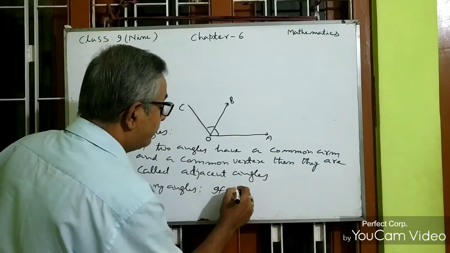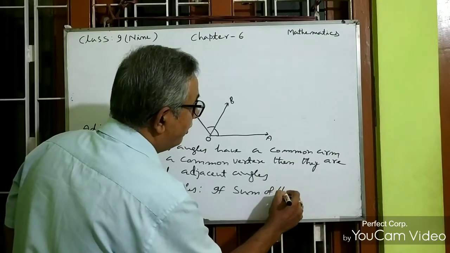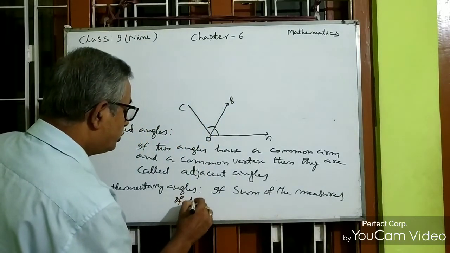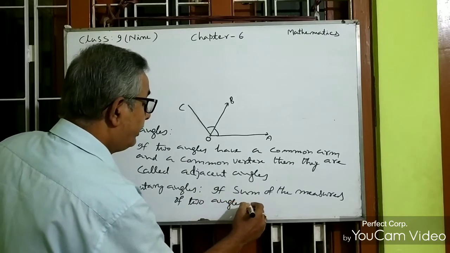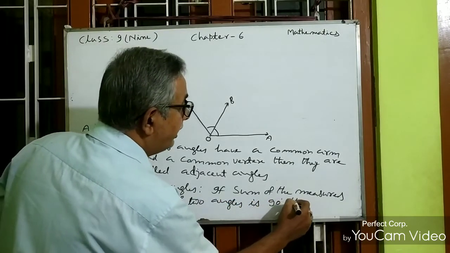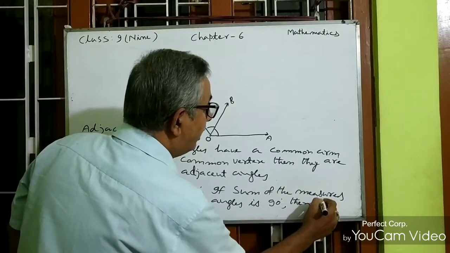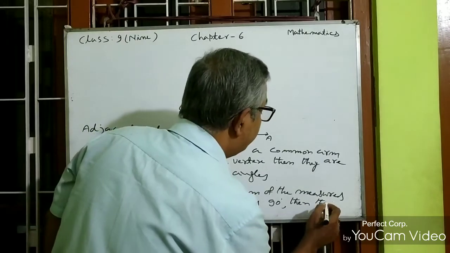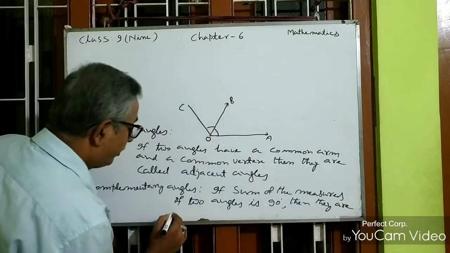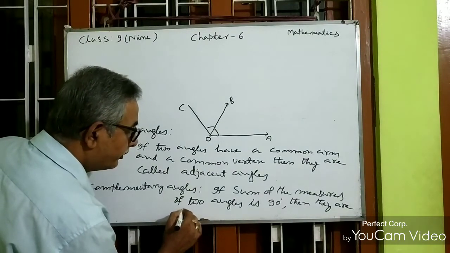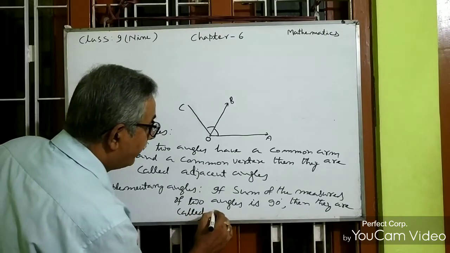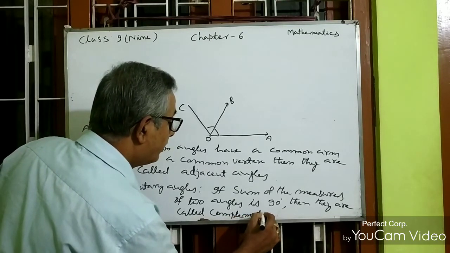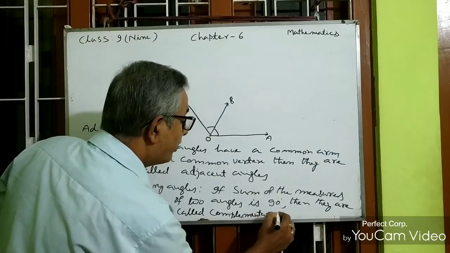If the sum of the measures of two angles is 90 degree, then the angles are called, better you write, then they are called complementary angles here.